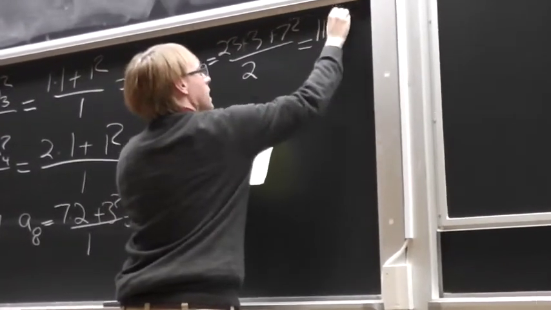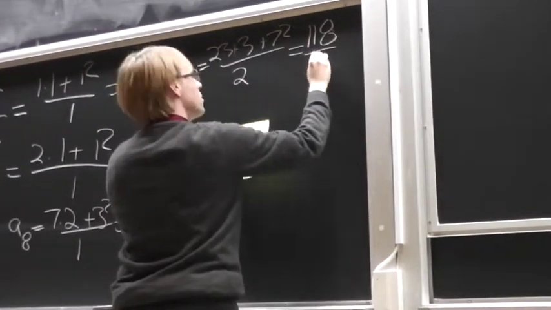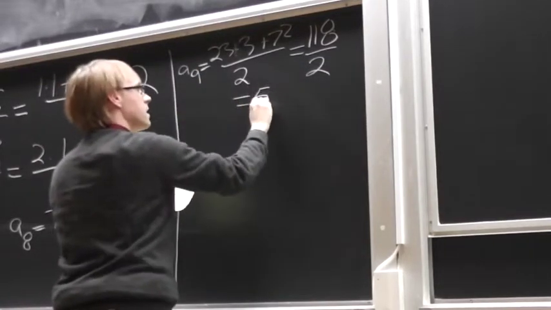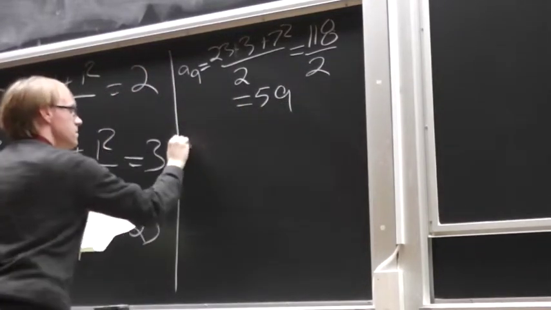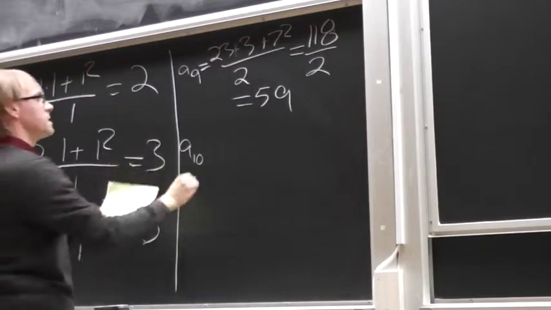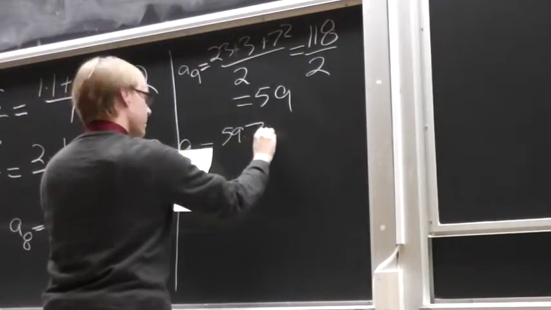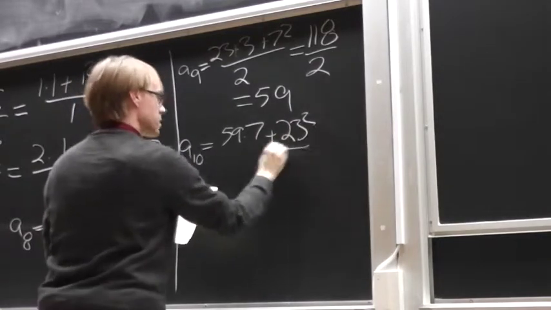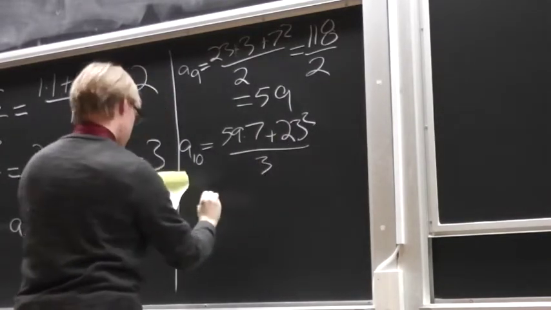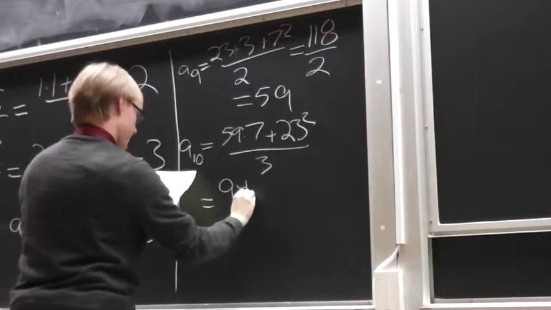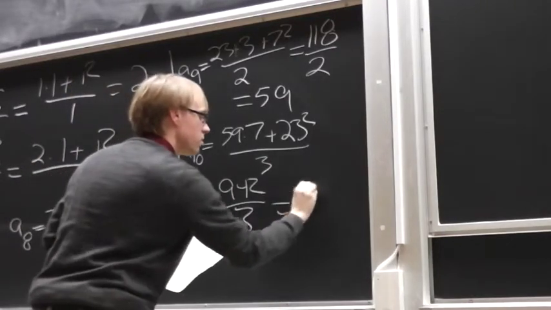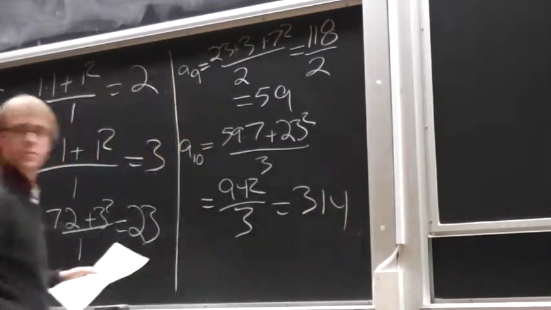That's 118 over 2, which is 59. And even more surprising, a sub 10 is 59 times 7 plus 23 squared over 3. That's 942 over 3, which is 314.